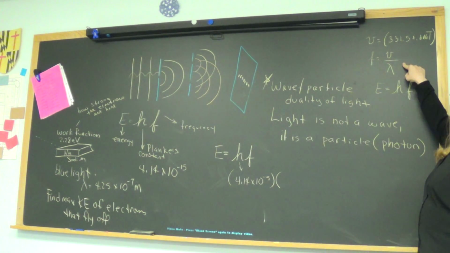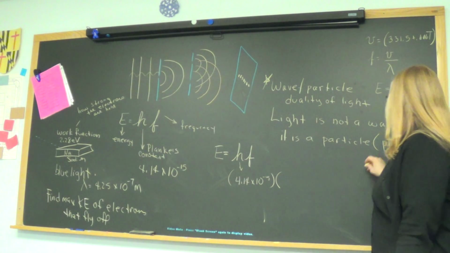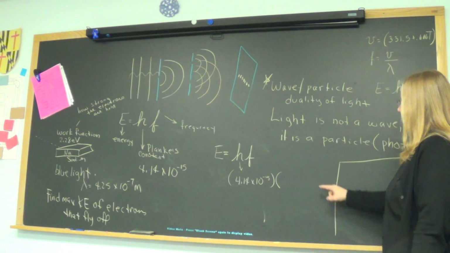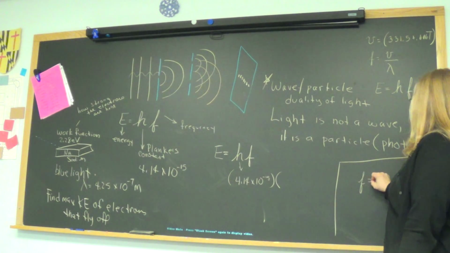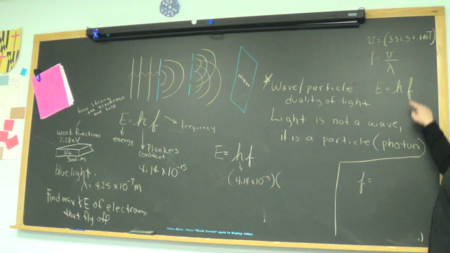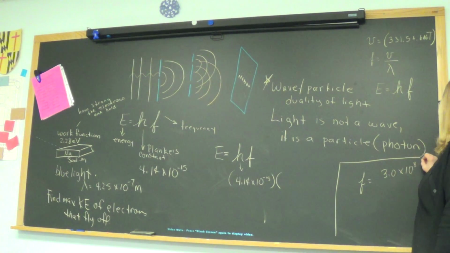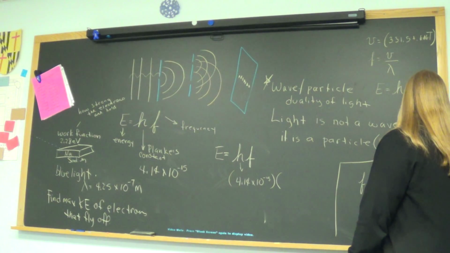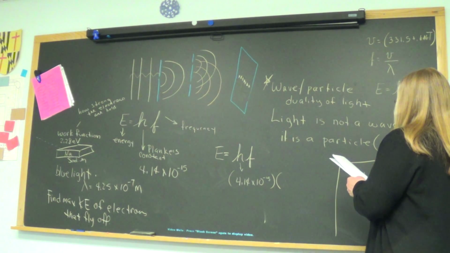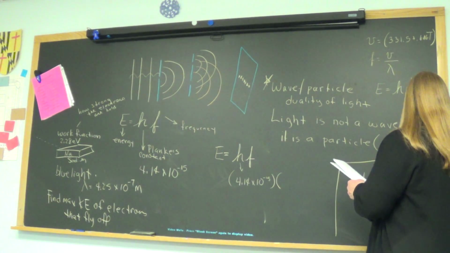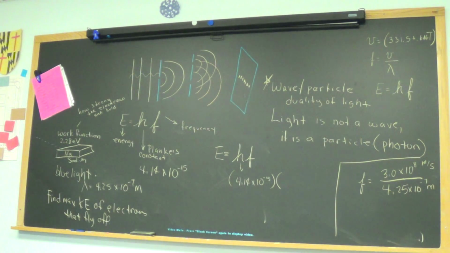All right, so you've been trained to do that. Go ahead and I'll work over here in this box to find frequency. What's going to be v? What will v be? 3.0 times 10 to the 8. It's always the same. And lambda, we were given, luckily it's in meters, not in nanometers, so we don't have to change anything. Divide that and get me the frequency, so I can put it back in Einstein's equation.